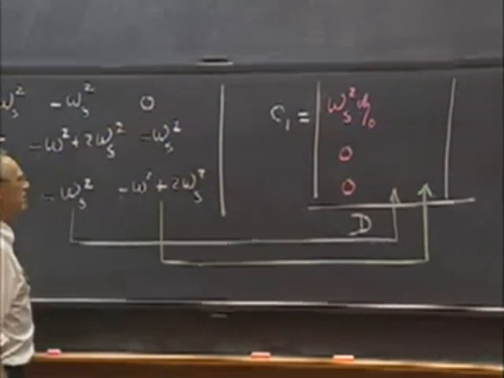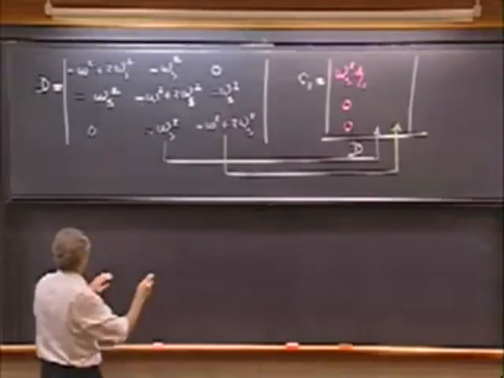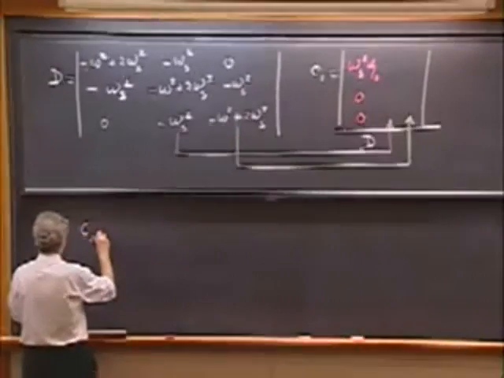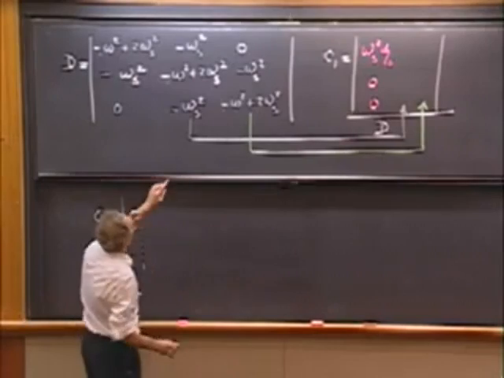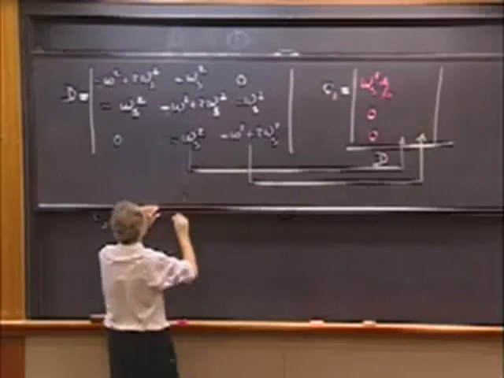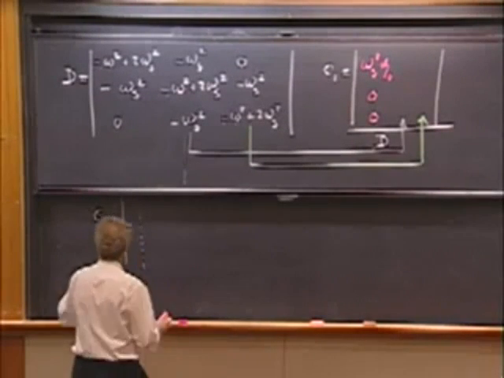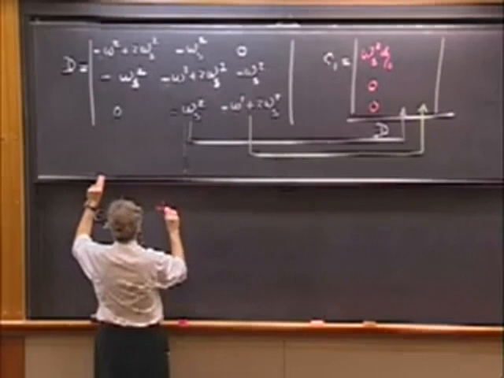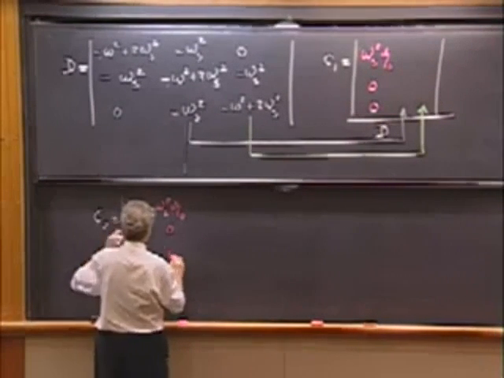And of course, I will only go one step further to C2, but that becomes a little boring now. C2 then, you get, that's this one. And then the second column, according to Cramer's rule, is going to be omega s squared eta 0, 0, 0.